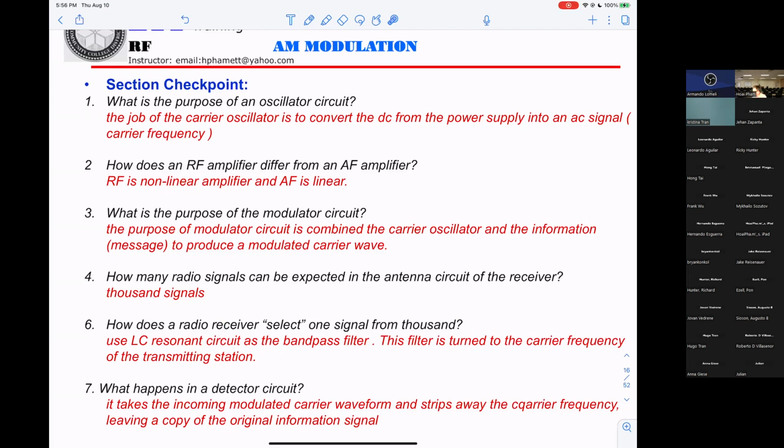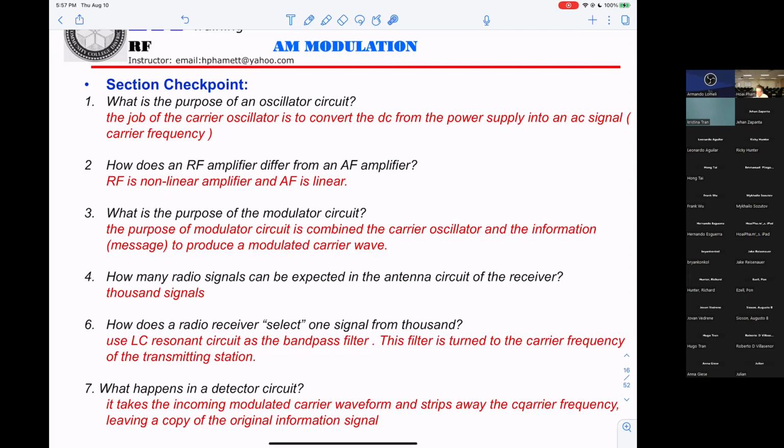Okay? What happens in the detector circuit? It takes the incoming modulated carrier wave and strips away the carrier frequency, leaving a copy of the original information.